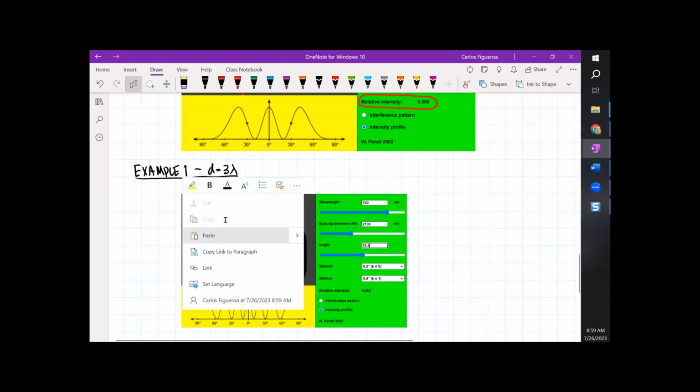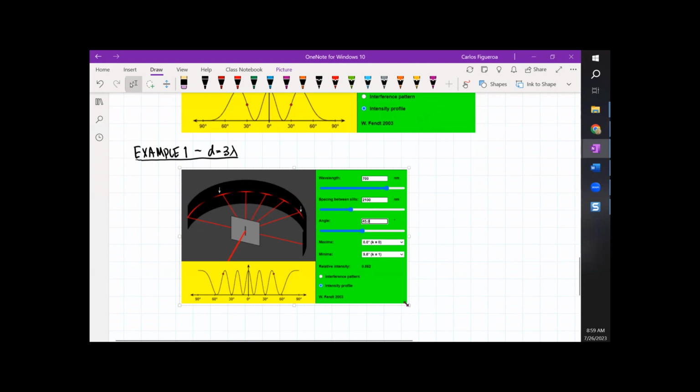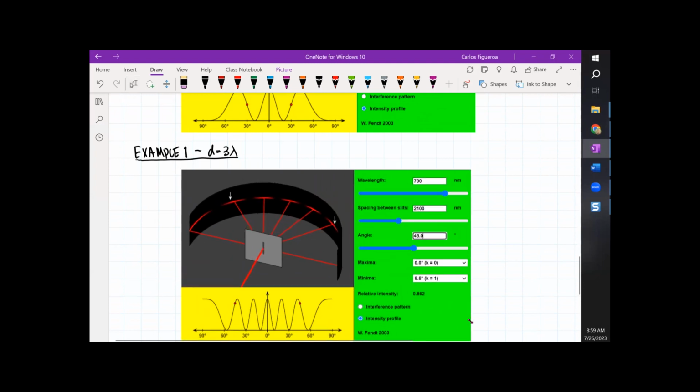And I'm going to paste this in here. And just to keep that image nice and big, I'm going to spread it out. And so what we're seeing here is that D over lambda is 2100 divided by 700, which is exactly 3.